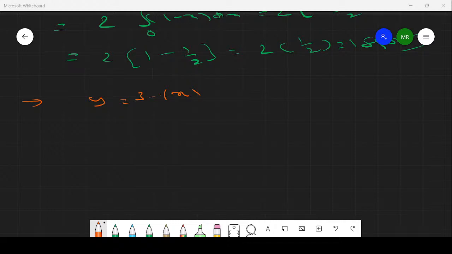See, in this problem y equal to 3 minus mod x is given. So I will repeat the problem here. Find the area of the triangle formed from the x-axis and the line y equal to 3 minus mod x.